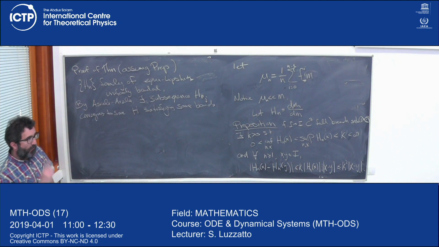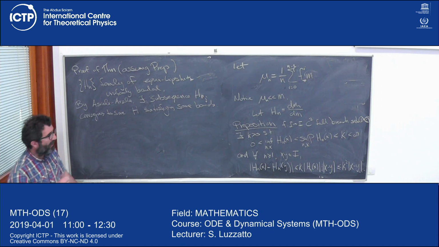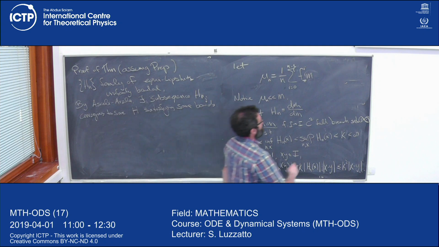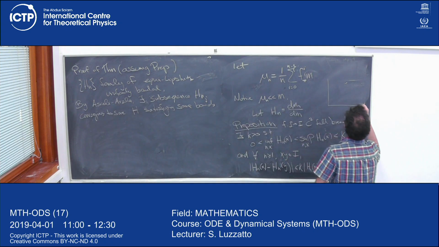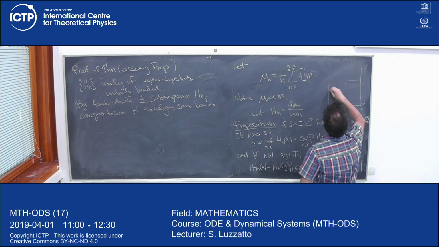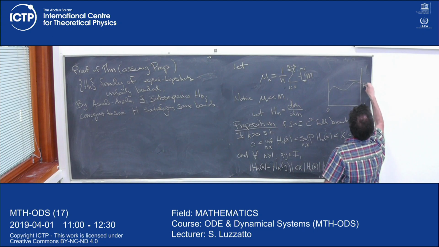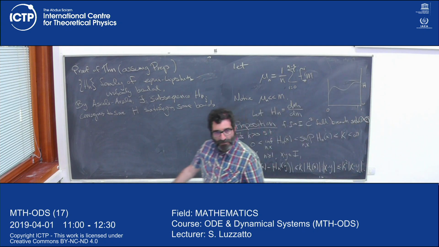So H is a Lipschitz function on the interval, bounded above and below. It's a very nice function. Here we have our interval 0, 1. H is a very nice Lipschitz function, not necessarily differentiable, but it's bounded above and below, and its Lipschitz constant is very nice.